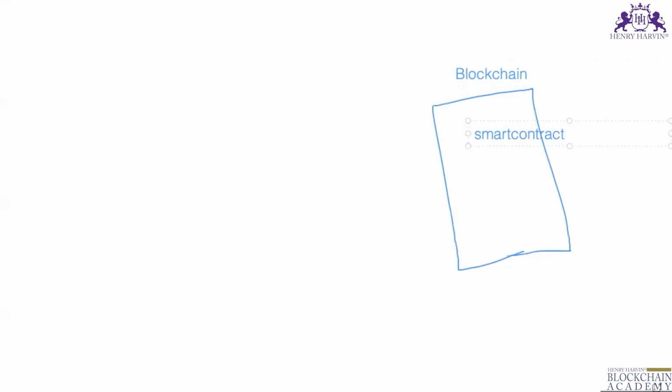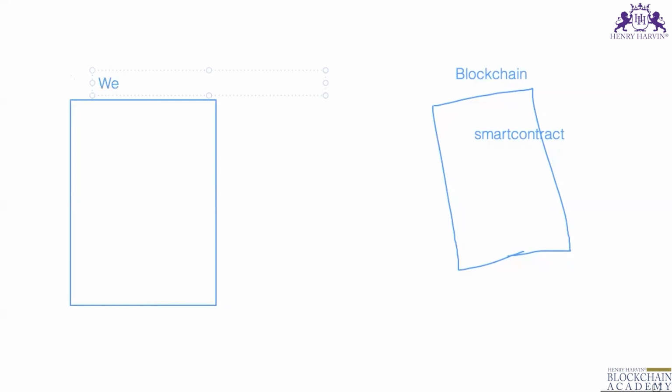Now what we are going to do is create a website. We are going to create a website, that is the front end. This is the thing we are going to do.